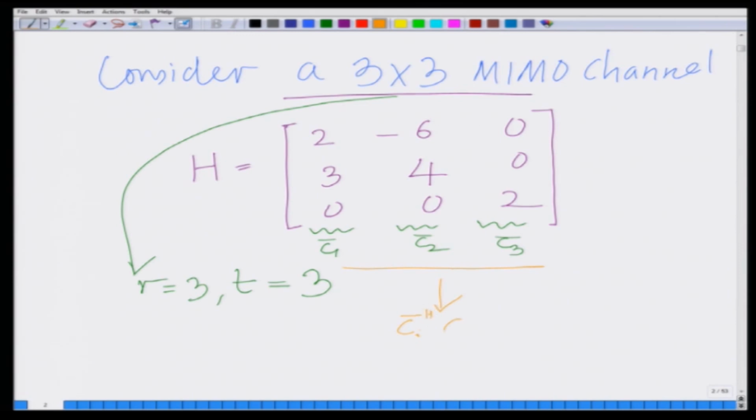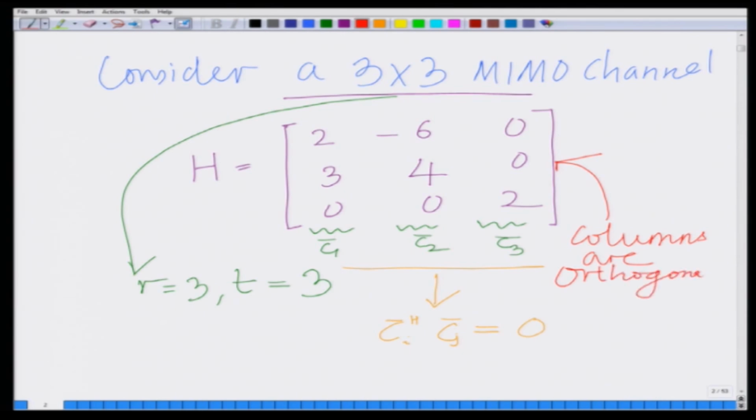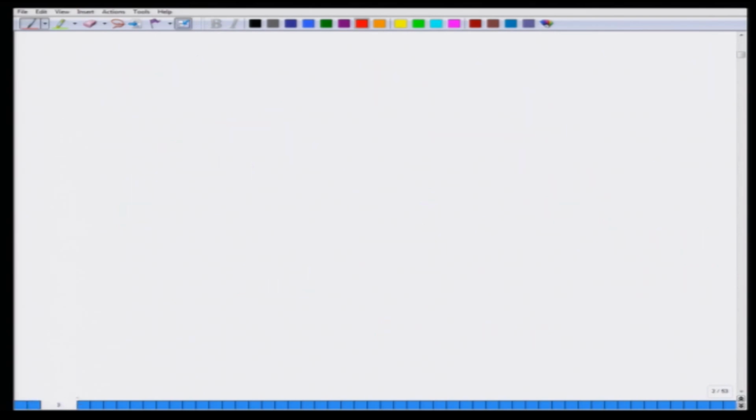If I take any 2 columns, I will have Ci bar Hermitian Cj bar equal to 0, that is the columns of this matrix are orthogonal.